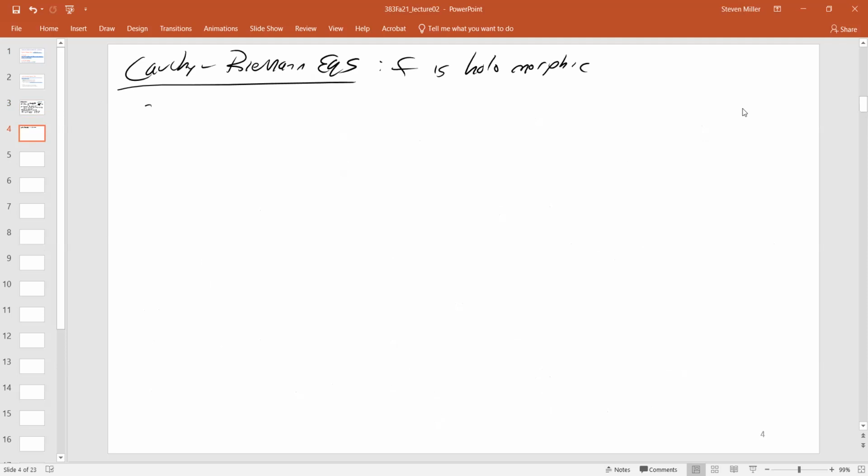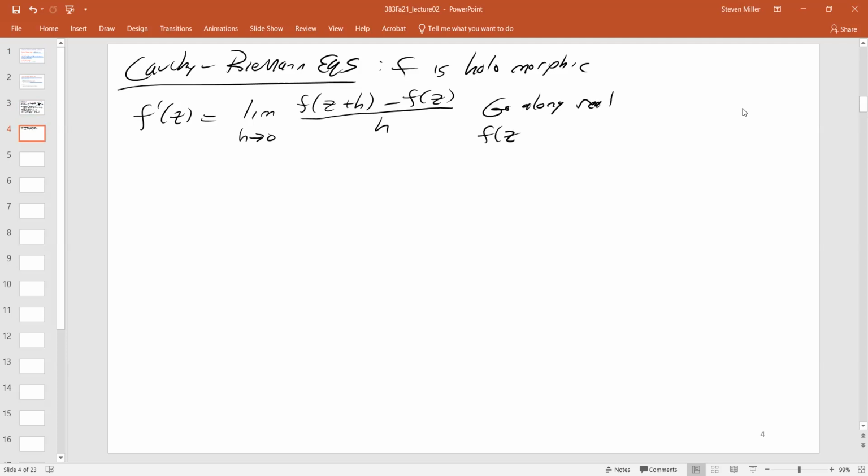So f prime of z equals the limit as h goes to 0 of f of z plus h minus f of z over h. Can somebody give me a good path to take? Let's go along the real axis.